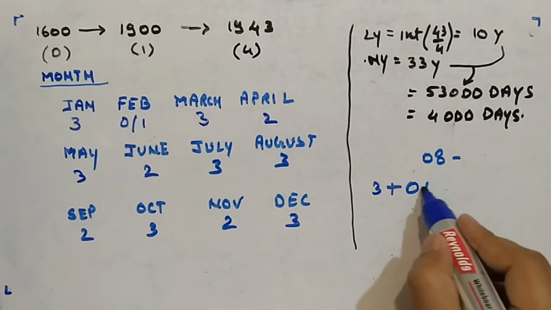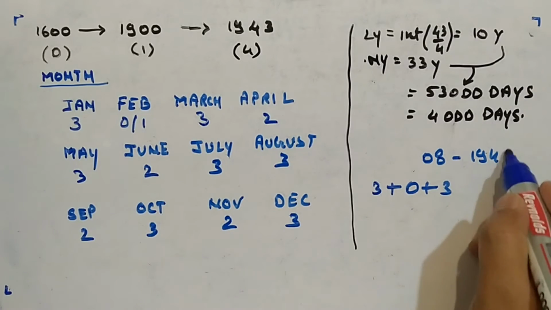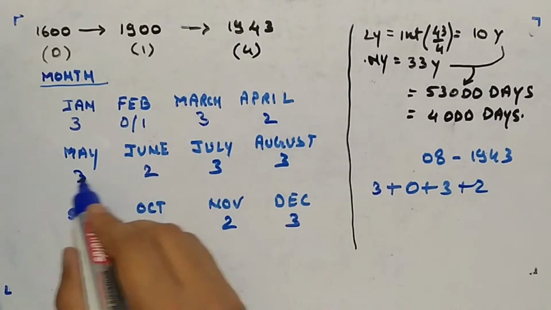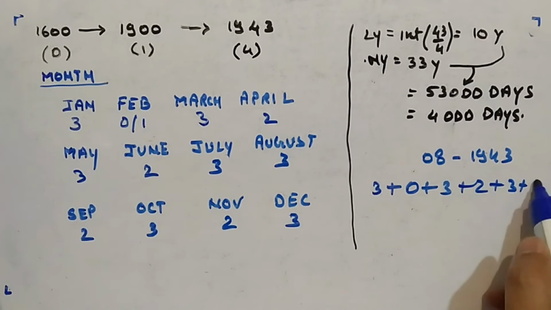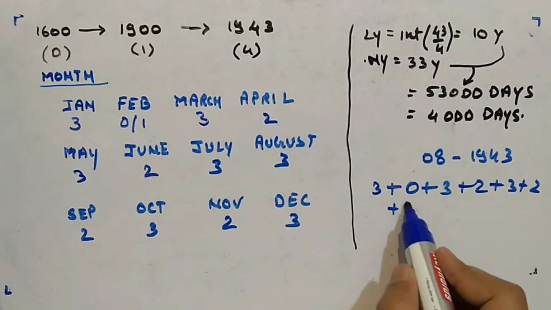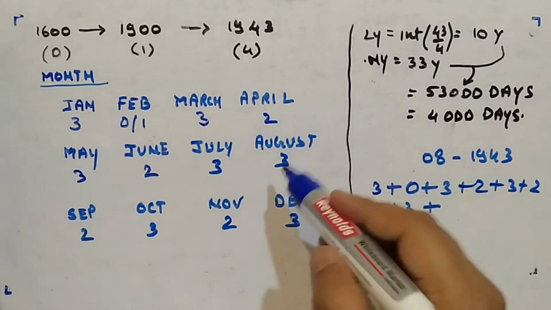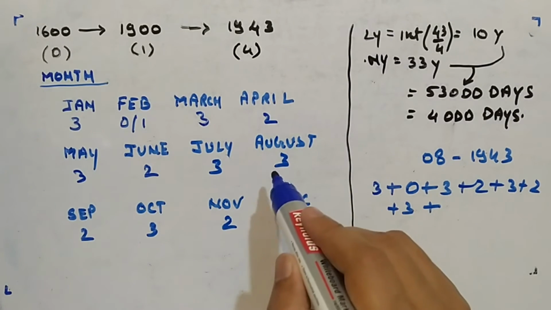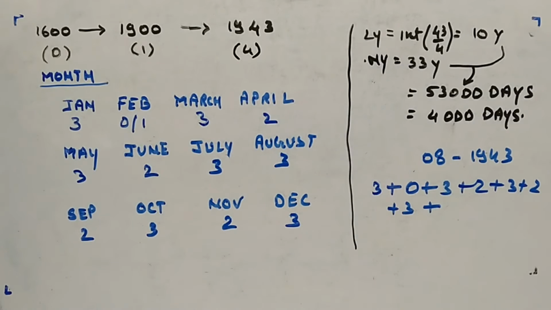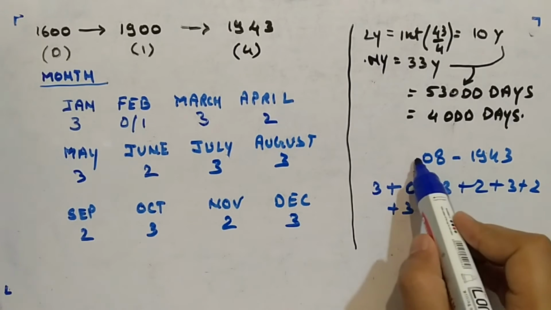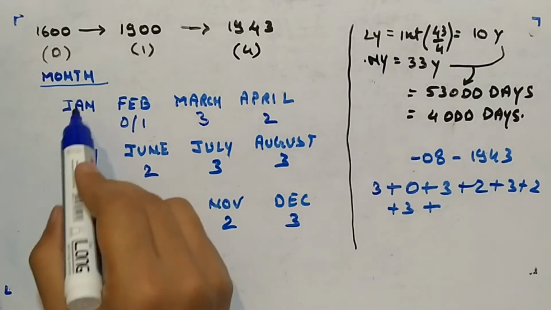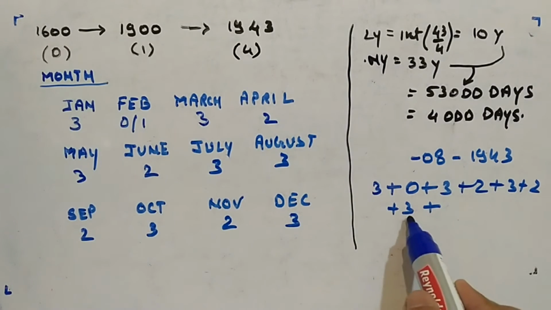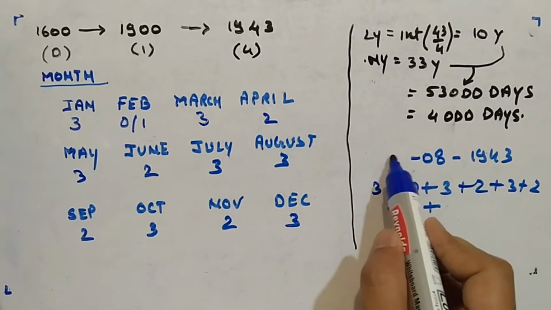So 0 plus 3, and I will come back to the same question. 3 plus 2 plus 3 plus 2 plus 3, and now this month is not complete. Okay, if you can see, I have not given the date. If you complete the whole month for these, you have to take the odd days, but for August you are not given the date.